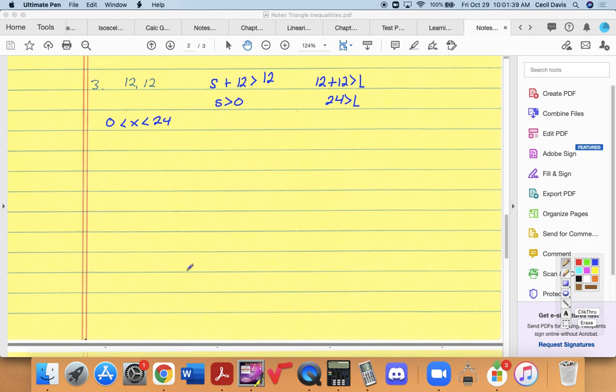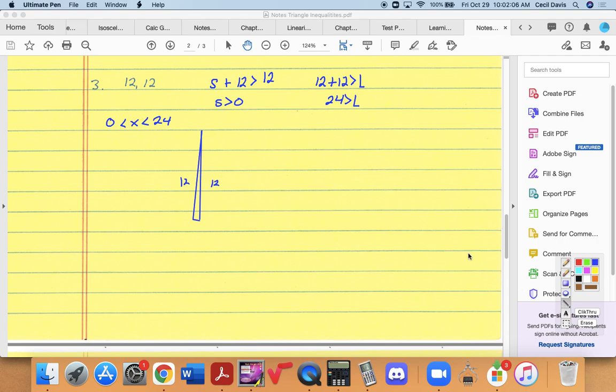And before we go on to page 3, just real quick, let me just show you. Again, you don't need to copy this, but please watch. Can you imagine a triangle where both of those were 12, but this side on the bottom was really small? So both of these were 12 and this was something tiny?